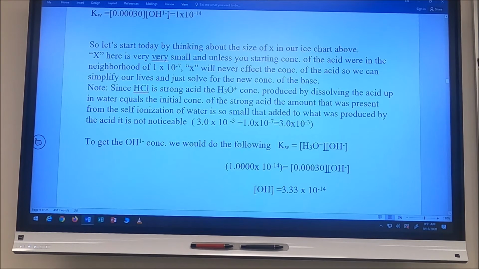If I did this and I solved for hydroxide ion concentration, because X is going to be very, very tiny, then what I get is hydronium ion concentration. Well, if I solve this, I'm going to solve for hydroxide ion concentration.